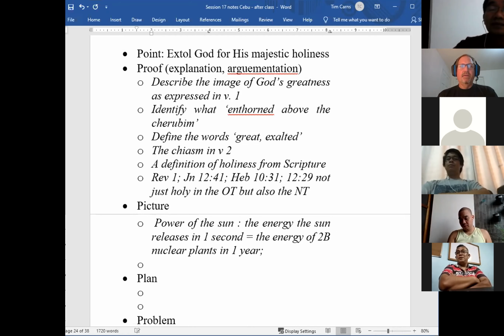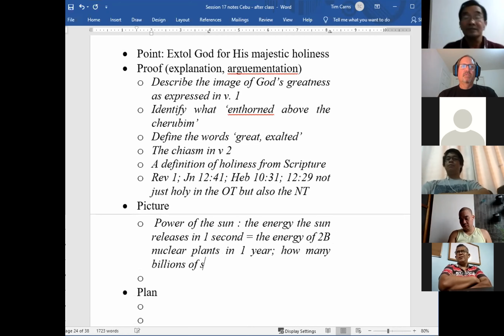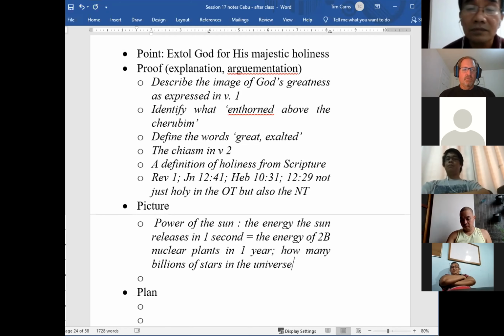And think about how many billions of stars are in the universe. So this is kind of an illustration of the greatness of God, like his power. Like he created all things with a word.